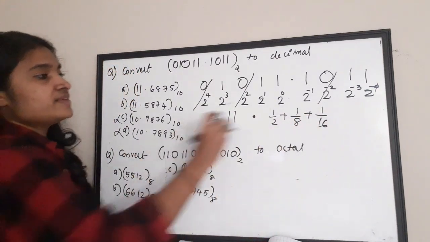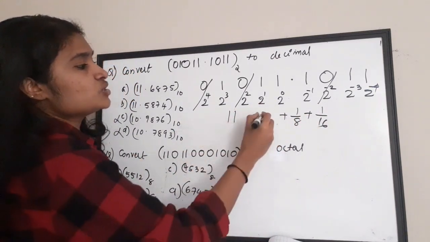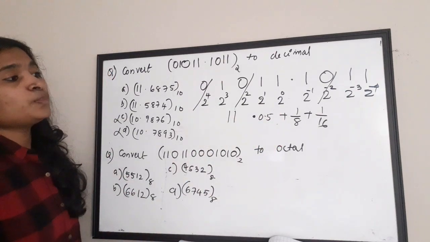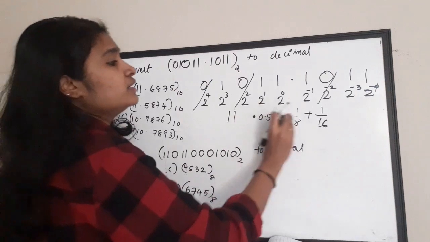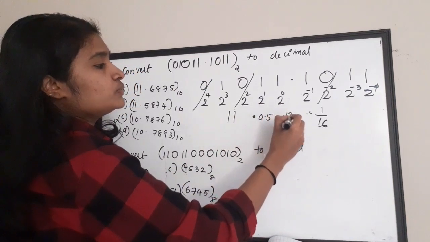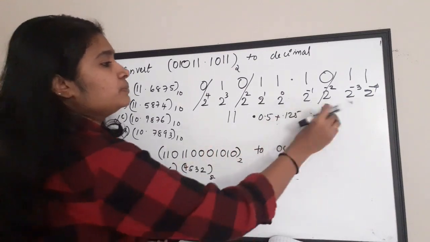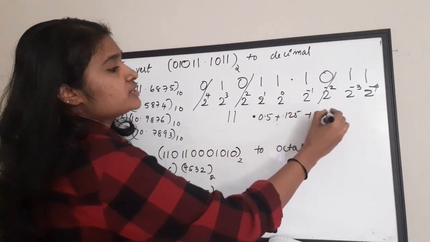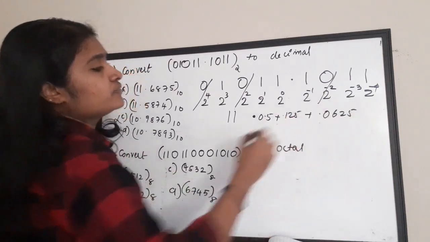Okay. So, what is the value of 1 by 2? It is 0.5. What is the value of 1 by 8? It is 0.125, plus 1 by 16 means plus 0.0625. Okay.